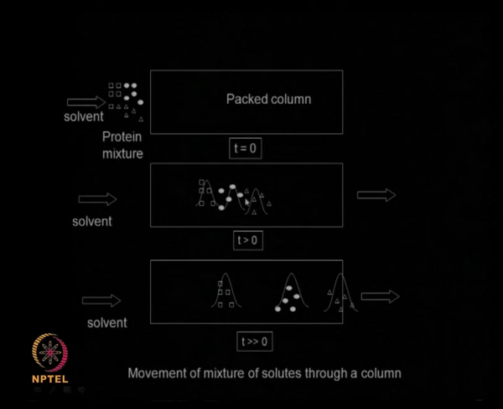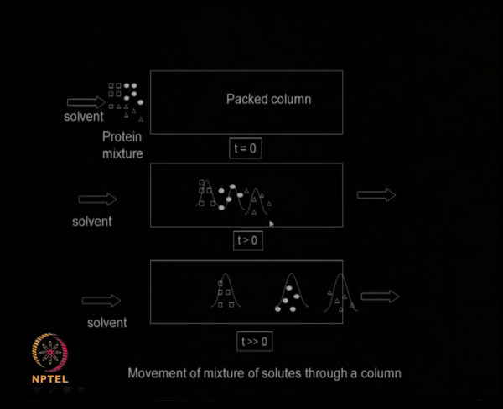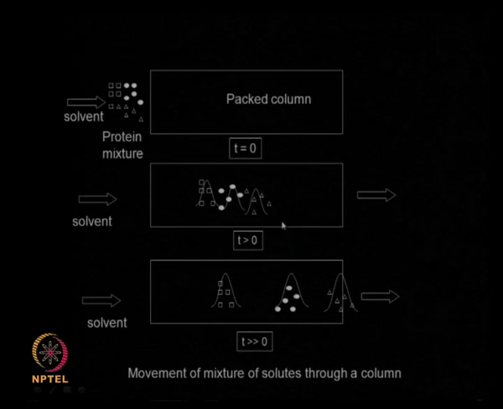There could be hydrophobic interaction. Proteins which have high hydrophobic interaction with the stationary phase will travel slowly. Proteins which have less hydrophobic interaction with the stationary phase will travel faster. Or it could be a polar interaction.